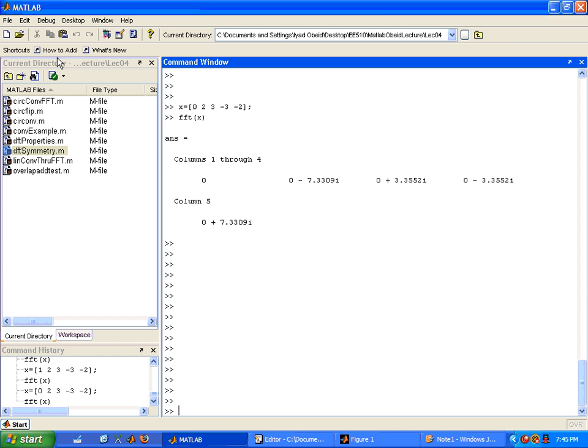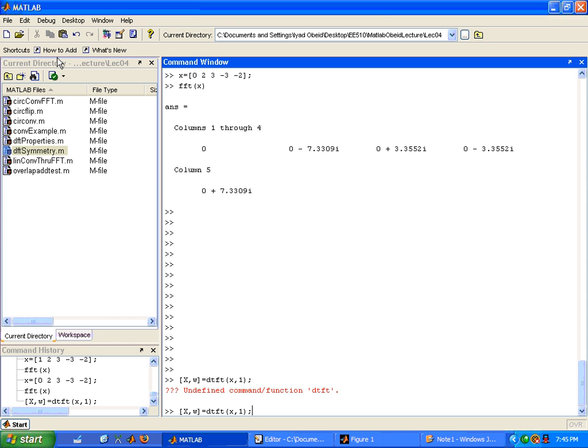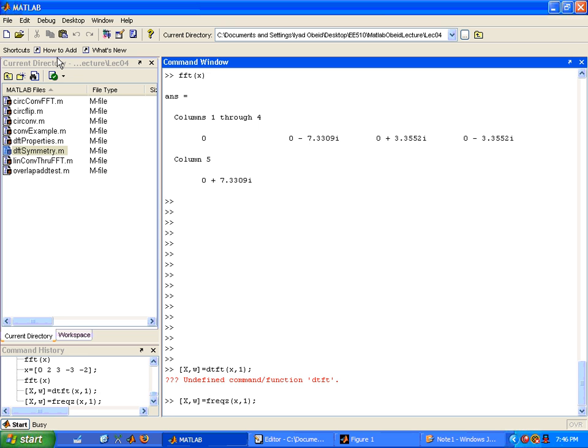No, this would work. If you said x comma omega equals dtft of x, so x comma 1. I have to give it a denominator. Thank you. I would have figured that out eventually.